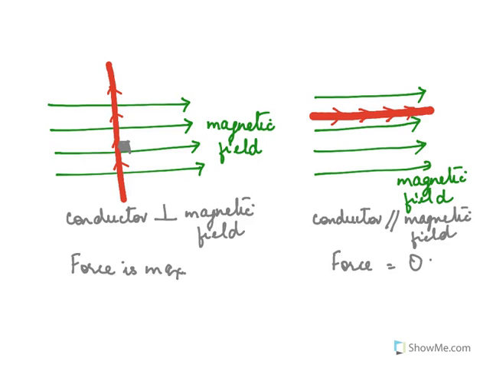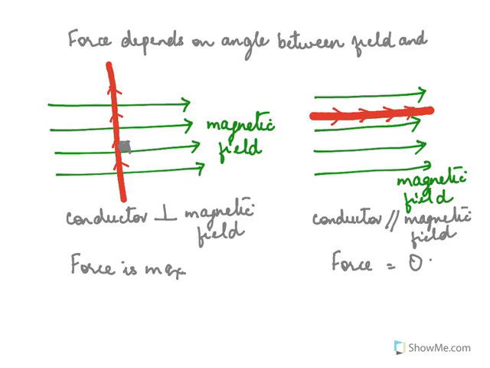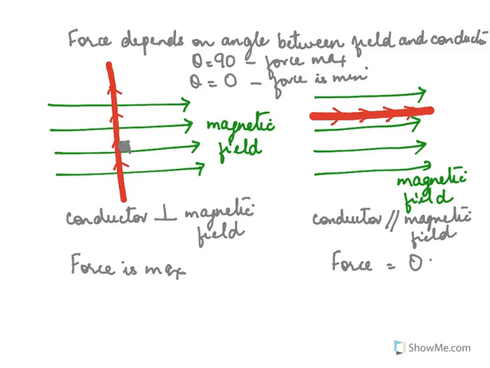So the force also depends on the angle between field and conductor. And to summarize it, if the angle that we call theta is 90, force is maximum. But if theta, that is the angle, is 0, meaning parallel, then we say force is 0 or minimum.